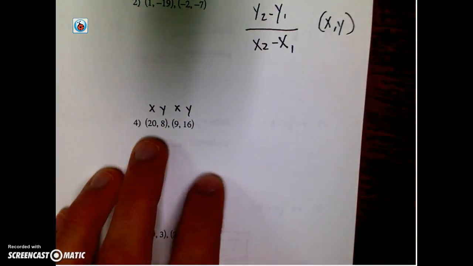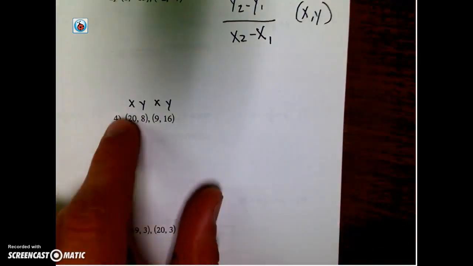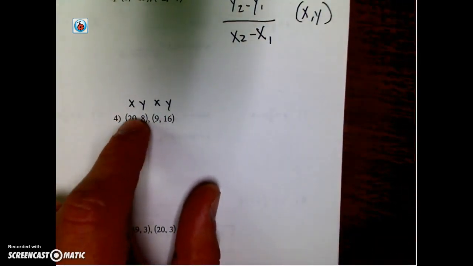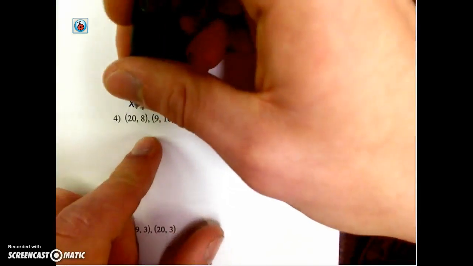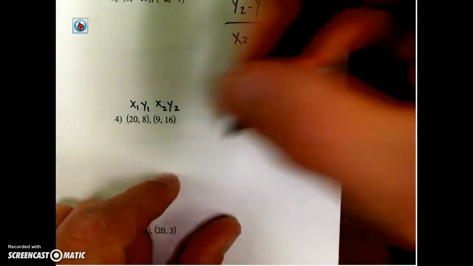All right, we have x, y, and x, y, and all these little numbers are helping us keep track of which ones we're talking about. This is my first coordinate point, so it's going to be my x1 and my y1. This is my second coordinate point, so it'll be my x2, y2. Now we just get set up.